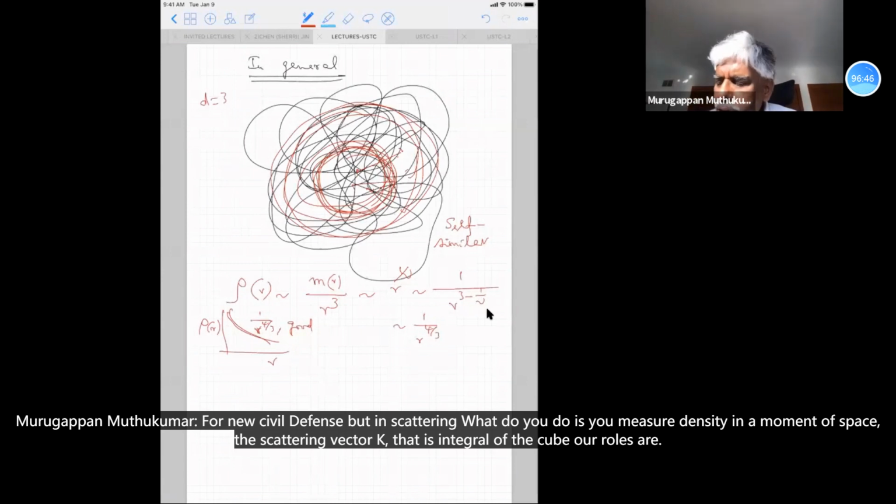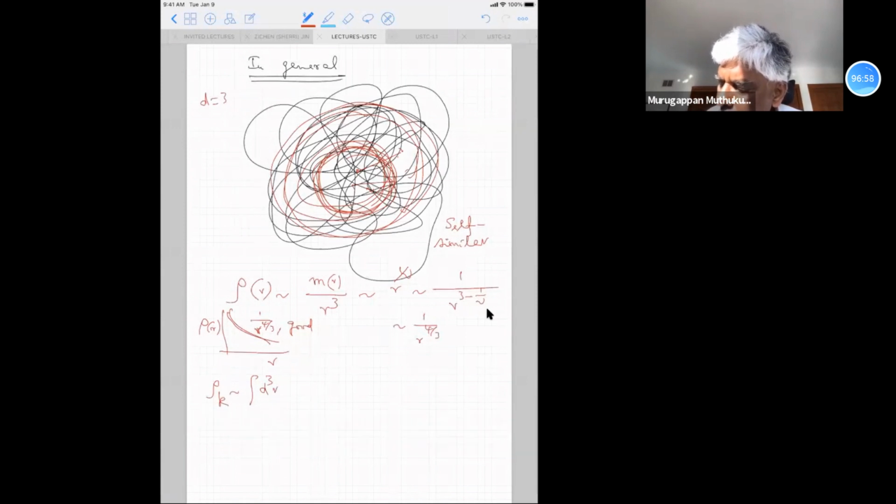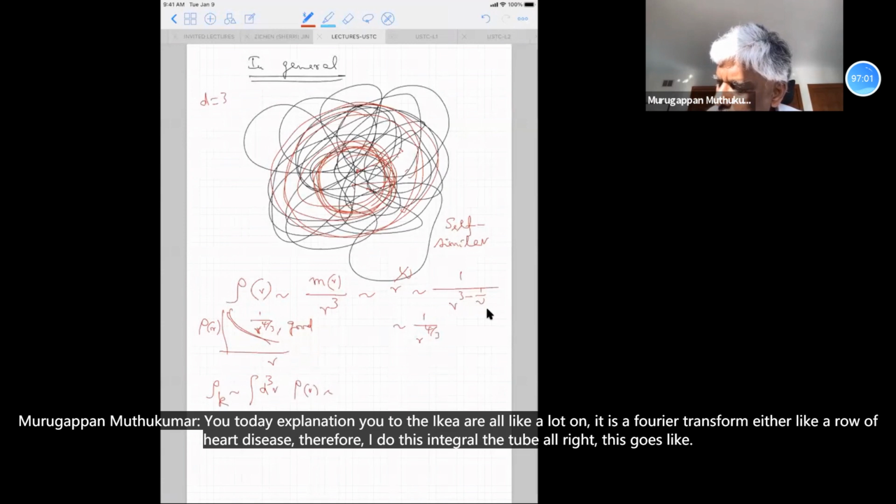But in scattering, what you do is you measure density in momentum space, the scattering vector k. This is the integral of d cubed r rho of r e to the ik dot r. This is the Fourier transform, e to the ik dot r. Rho of r is this. Therefore, I do this integral d cubed r, right?